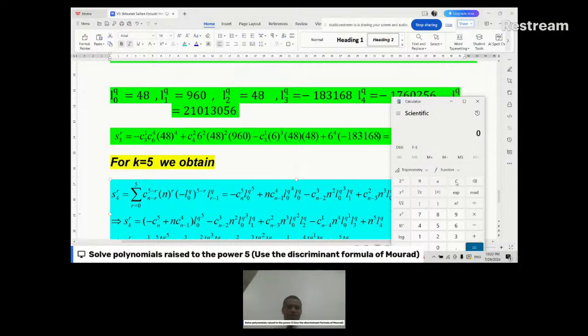So this is negative 3 times 15, meaning negative 45 times 48 raised to the power 3 times 48 raised to the power 4, plus 6. 4 choose 2 is 6, plus 6 times 36 times 48 squared times 960.